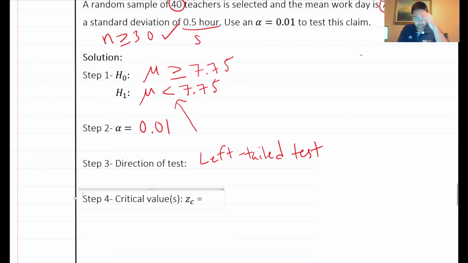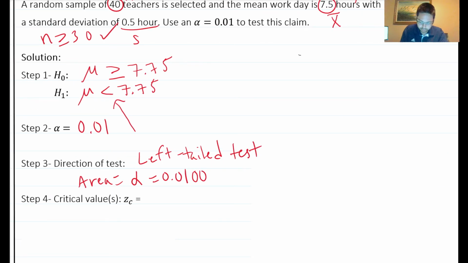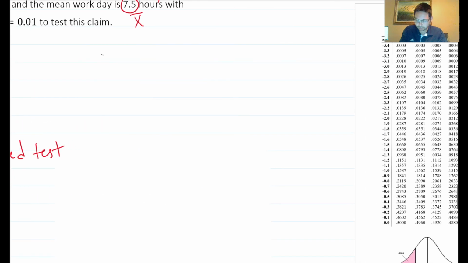Step 4, we want to determine the critical values. So this is where we have to find them. So let's go ahead and find our area. So we know that our area for a left-tailed test is alpha. And my alpha is 0.01. So let's go ahead and go to the z-chart, look up 0.01, and that will give us our z-critical. 0.0100, okay? As close to that as possible.